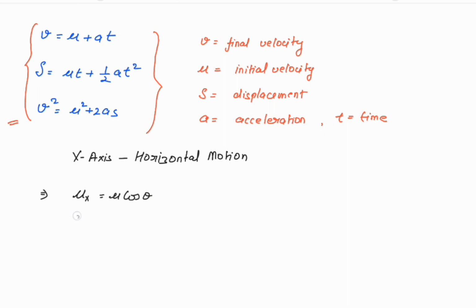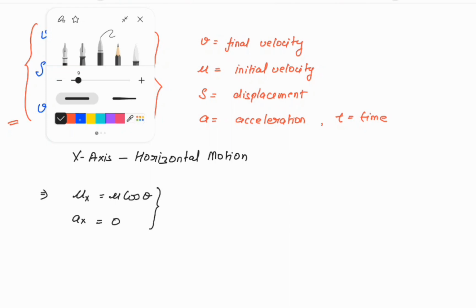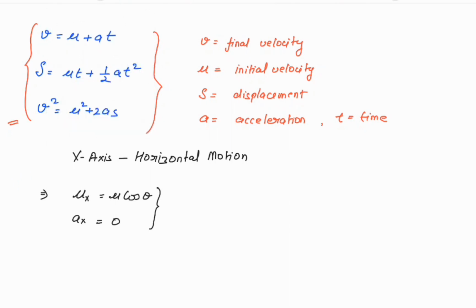And we know acceleration in the horizontal is 0. I'm going to use these two things to find the equations of the horizontal motion. The first equation is v equals u plus at. Write x in the subscript to represent the x-axis, to show that this is an x-axis or horizontal motion equation.